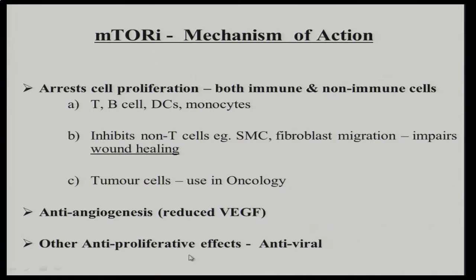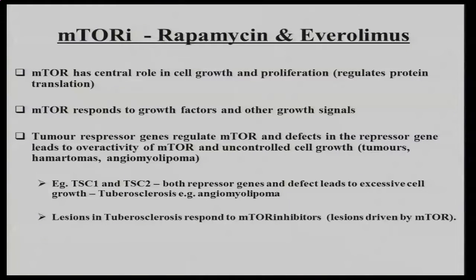It's also got anti-proliferative and antiviral properties in vitro, and in some studies this does translate to lower rates of CMV infections. It has specific use, for example, in tuberous sclerosis, and you know that in tuberous sclerosis, the tumour repressor genes are defective.